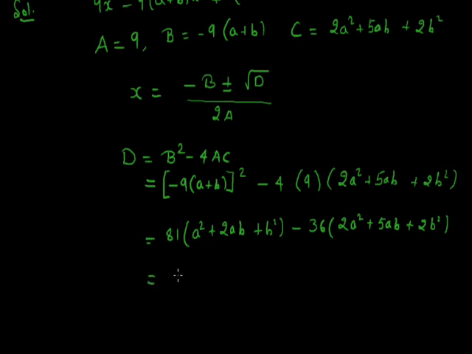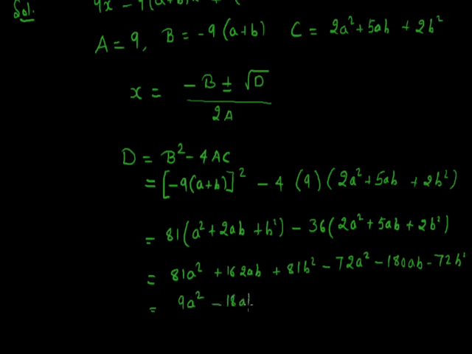So this will become 81a square plus 162ab plus 81b square minus 72a square minus 180ab minus 72b square. So this is equal to 9a square minus 18ab plus 9b square.